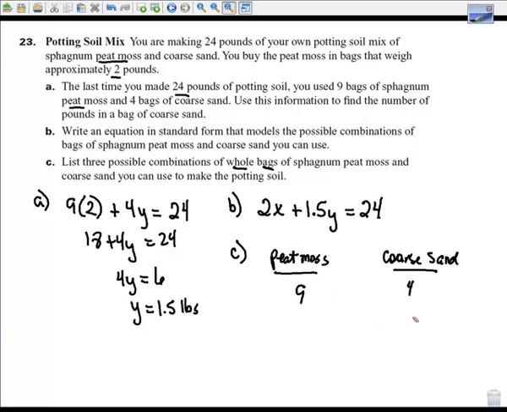Alright, if I do 8 bags of coarse sand, 8 times 1.5 is 12. 12 from 24 is 12, divided by 2 is 6. So I can do 6 bags of peat moss and 8 bags of coarse sand. Let's come up with another one.